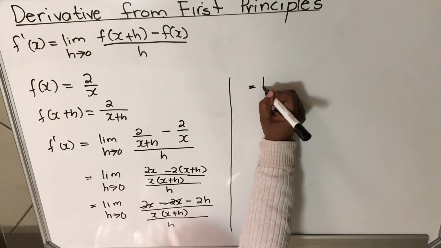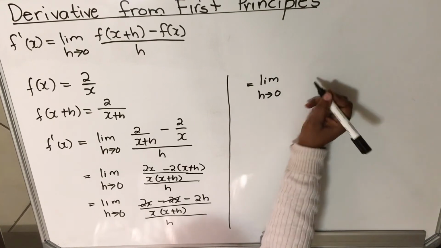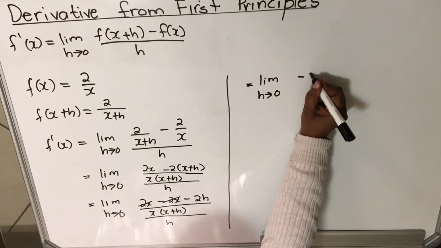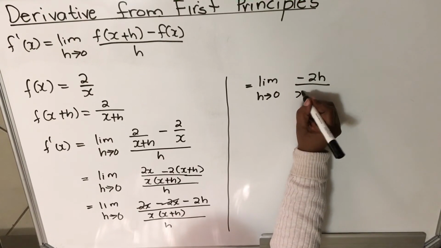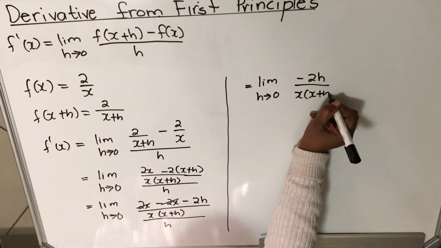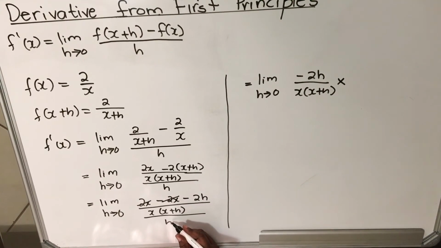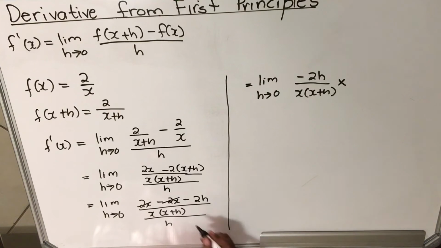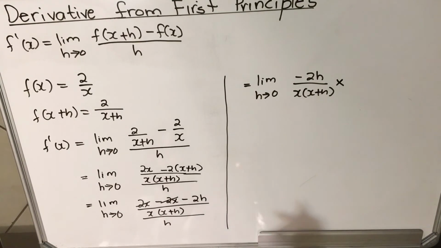Equals limit as h tends to 0. I'm left with minus 2h divided by x into x plus h. And then I'm going to say multiply. This is an h denominator. When I change the divide to times, I swap the fraction around.